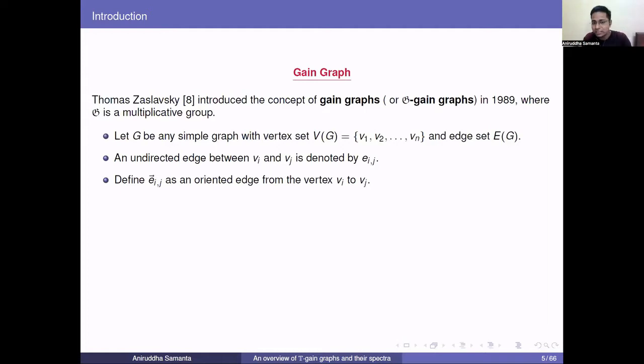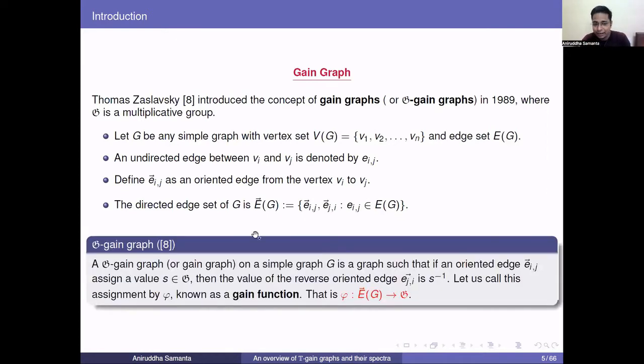The collection of all such pairs of opposite oriented edges is known as the directed edge set of a graph G, and I denote it by E arrow of G. Now a G-gain graph, or gain graph on a simple graph G, is a graph such that for each edge, if one orientation is assigned a value s coming from the multiplicative group G, then the value of the reverse orientation is s inverse, which is the multiplicative inverse of s.